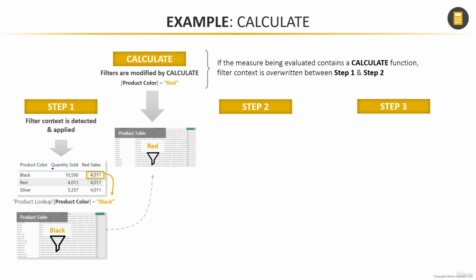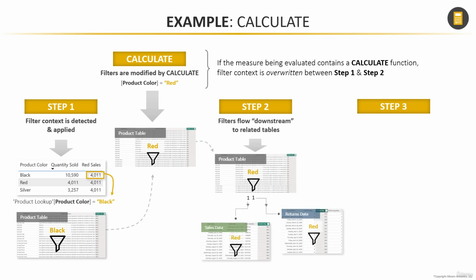Even though we originally filtered down the product table to product color equals black, between step 1 and 2 of this process, the calculate function butts in and says, nope, we're actually going to filter based on product color equals red. Then that new filter context is passed over to step 2, and the process continues as it normally would.